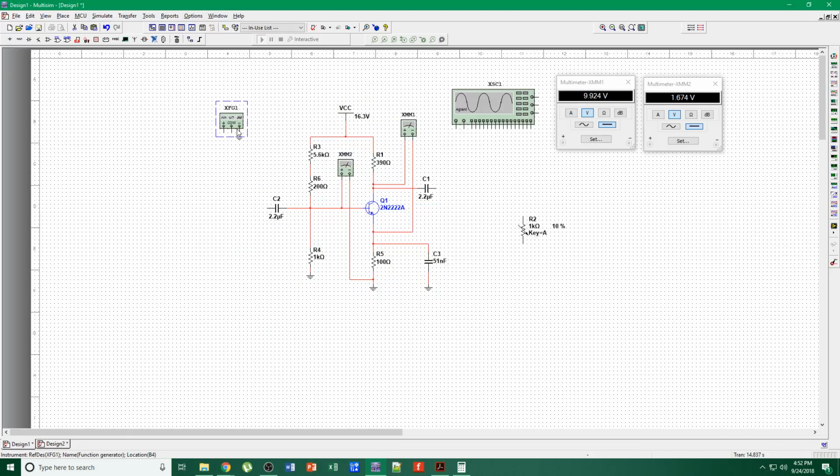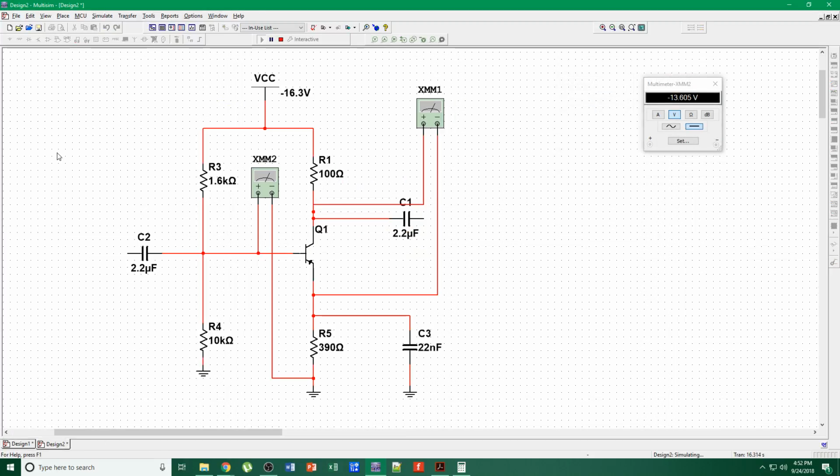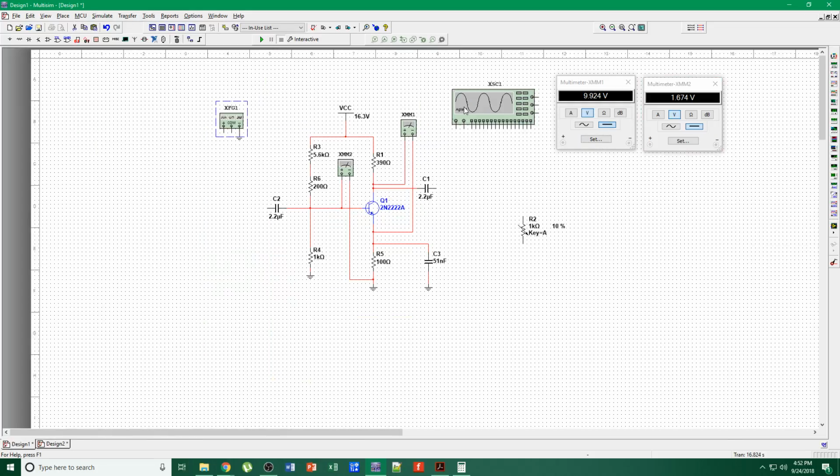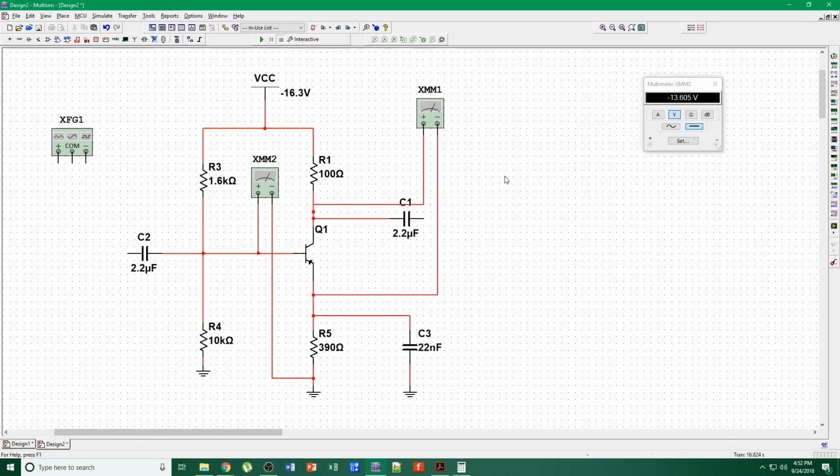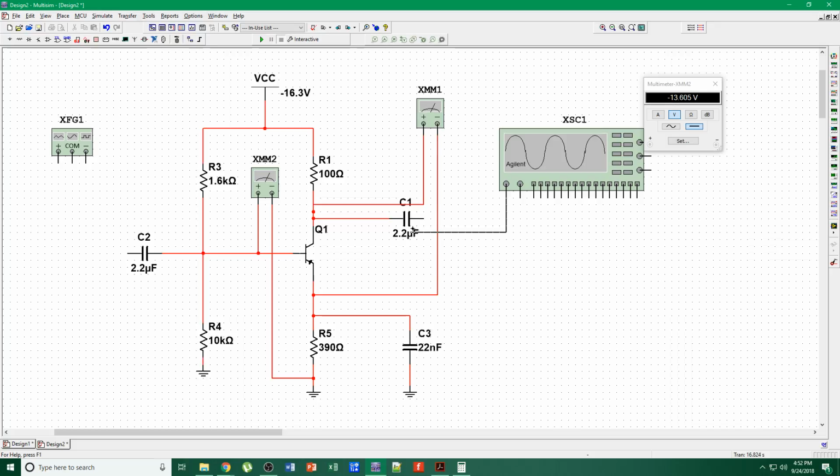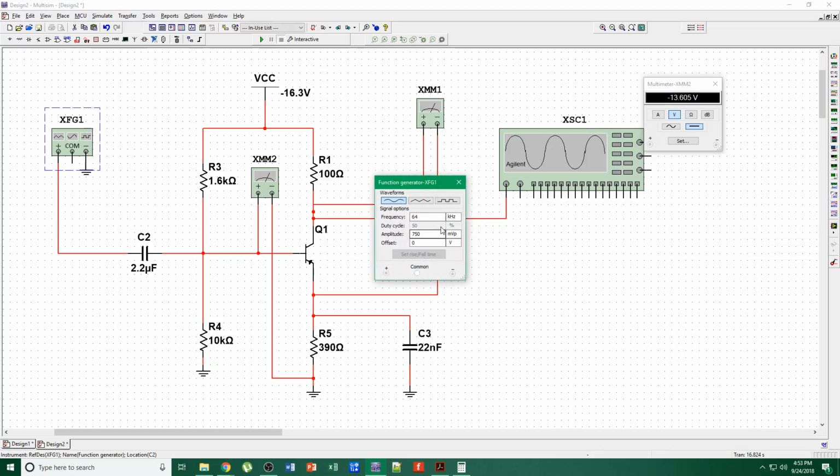Go for my first design. Take this, put it in here. In this case, this is a point. It's 150 millivolt peak.